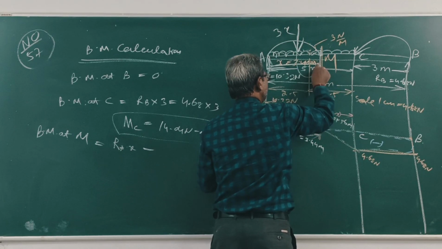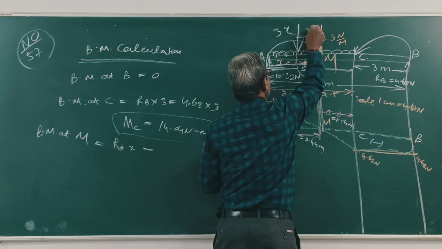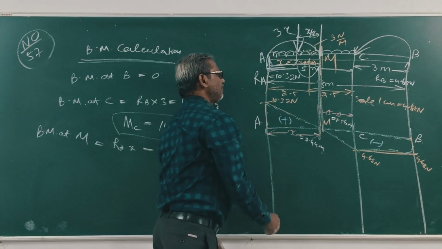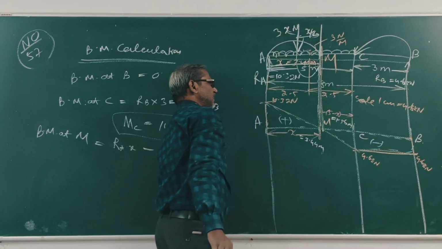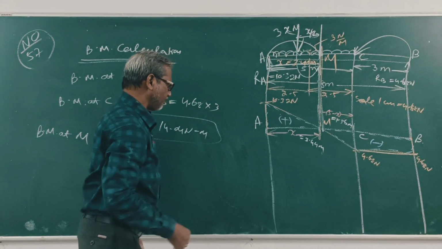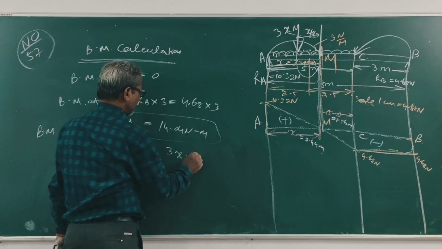The distance is x by 2. Clear? This is 3x Newton. So what is the moment? 3x into x by 2.